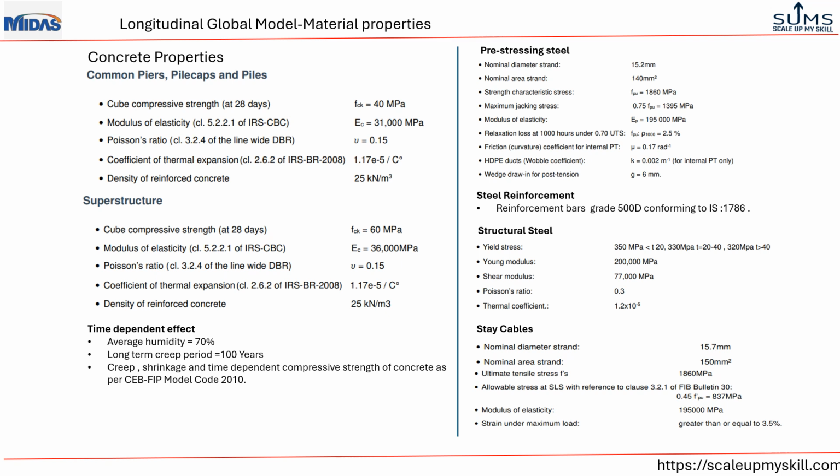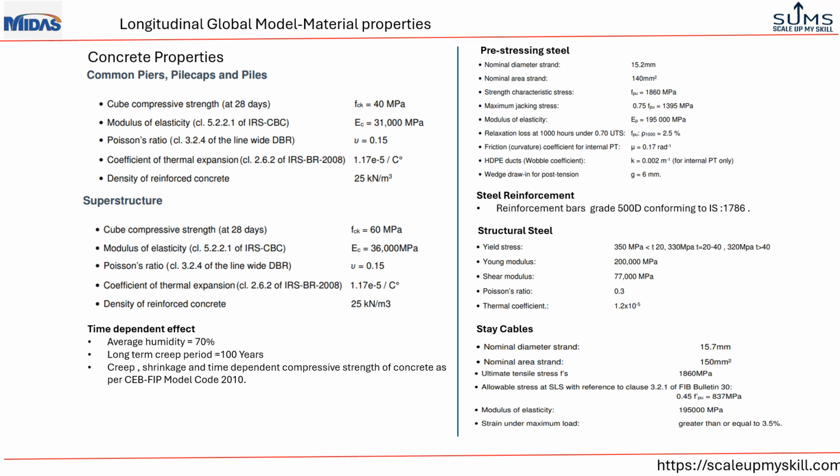and the code used for creep and shrinkage is CEB-FIP model code 2010. The prestressing steel strand properties are a nominal diameter of 15.2 mm with a nominal strand area of 140 mm square and ultimate strength of 1860 MPa.